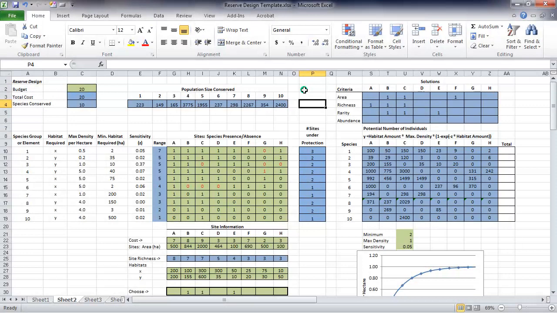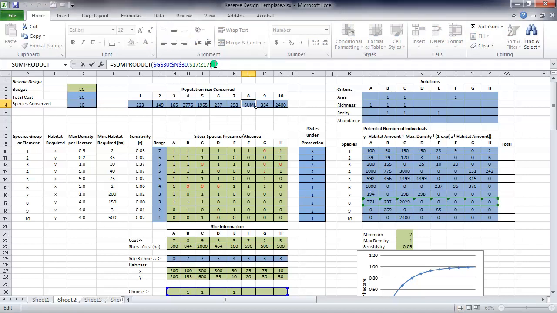Hopefully you've just used the sum product function in the same way we did species 1. And I'll just click on cell L4 and we'll double check the reference for species number 8, the population size of species number 8. So that would be the sum product of our choice matrix times the number of individuals in each of the different habitats that we've conserved.